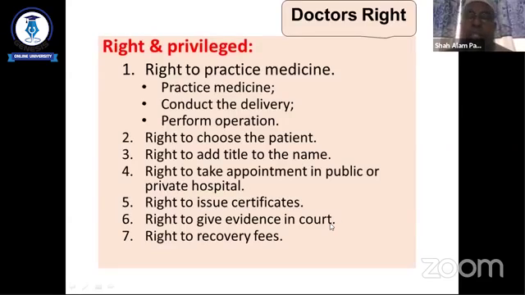Usually, doctors can play either the role of an expert witness or a common witness. Whenever the doctor explains, for example, an injury certificate, the site, length, breadth, then he is a common witness.